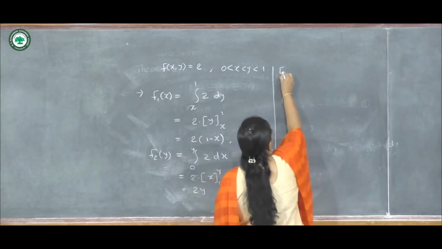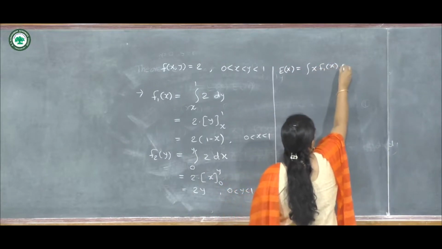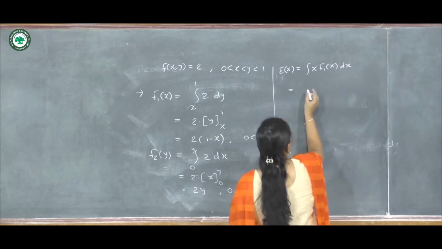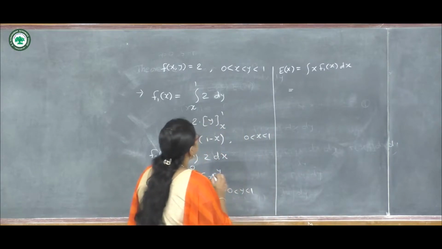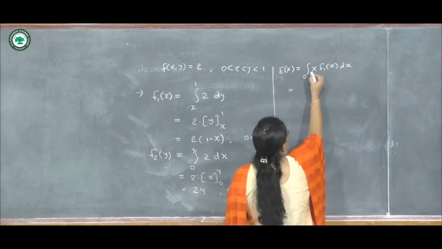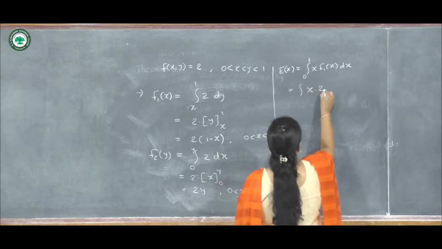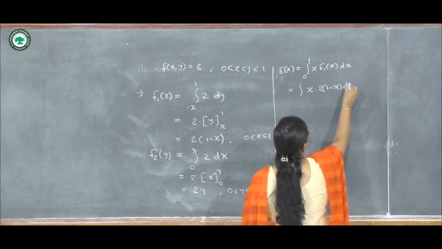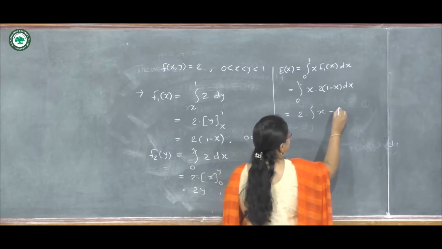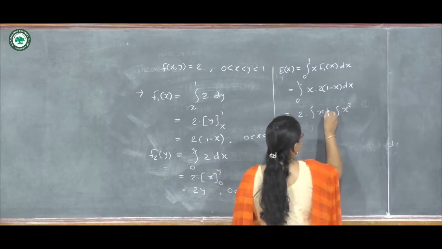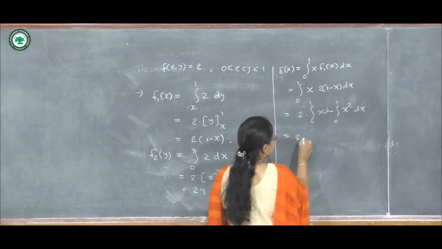Let's calculate expected x. This is the integration of x times f1(x) dx. Here the range of x is from 0 to 1, that is the overall range. So x times f1(x), this can be solved.